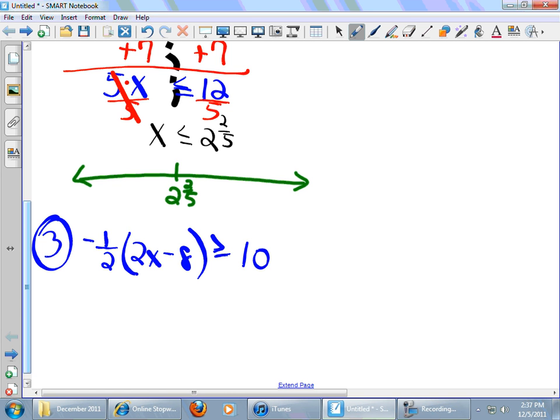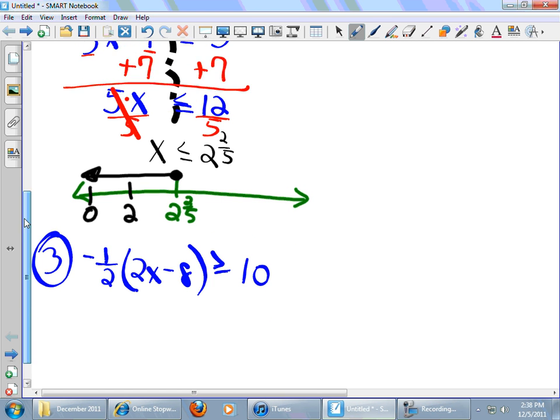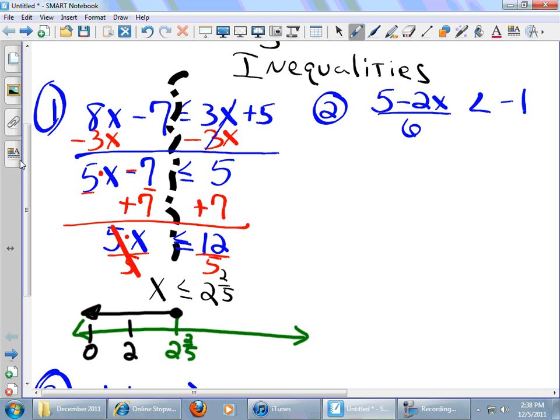It is going to be a closed circle because there's an equal sign in the problem. I need numbers less than 2 and 2/5. Well, let me see. It seems like 2 would be less than 2 and 2/5. It seems like 0 would be less than 2 and 2/5. I will shade in that direction. Very good.